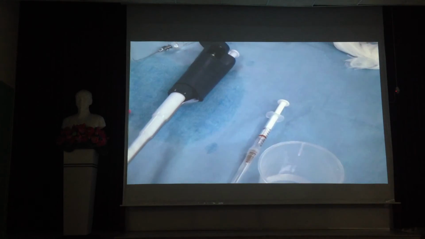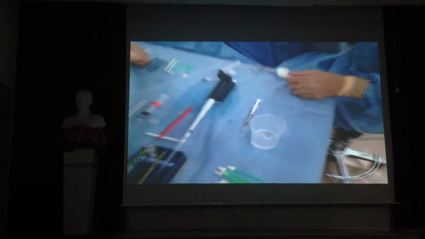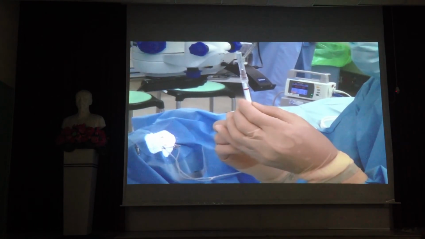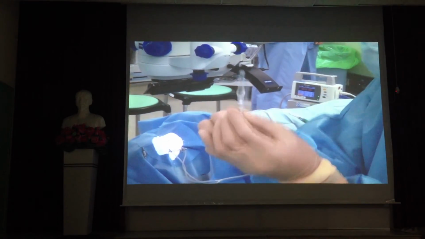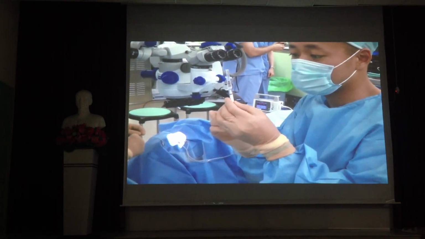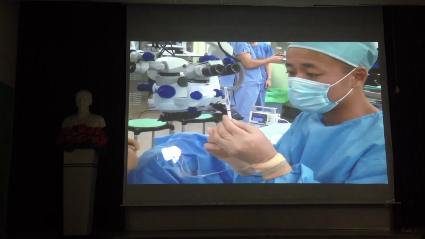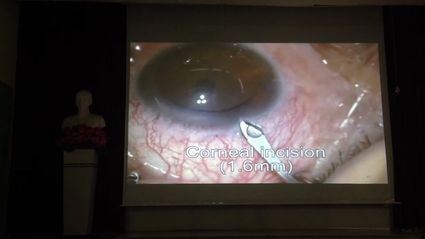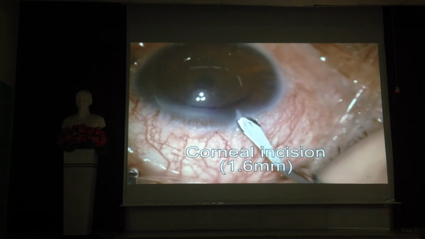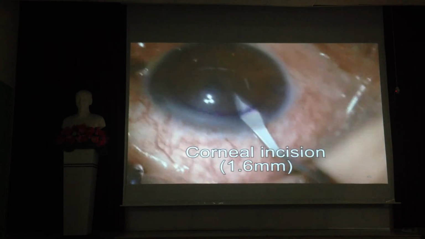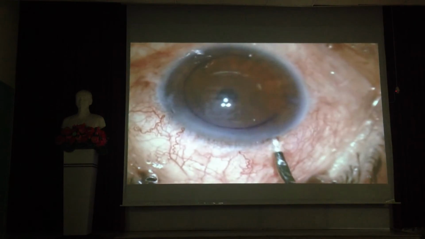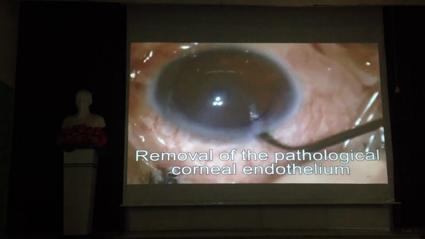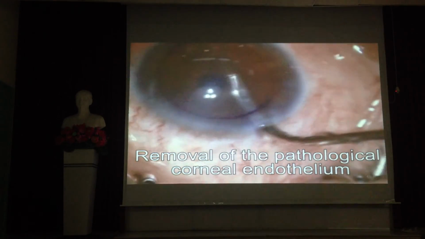And then I'm waiting for this solution. So, making a 1.6 millimeter corneal incision, I marked 8 millimeters in diameter and tried to scratch the backside of the cornea.